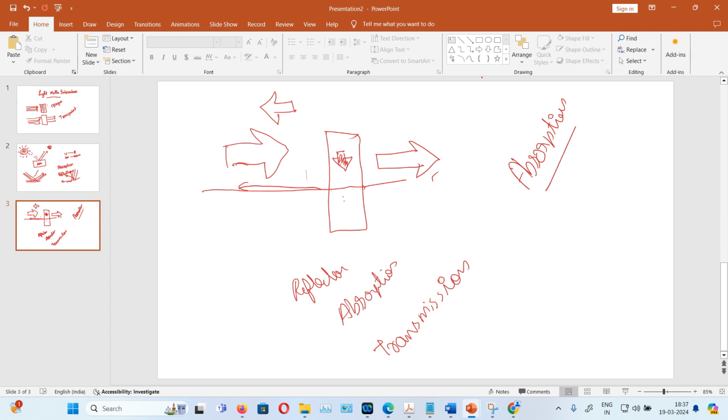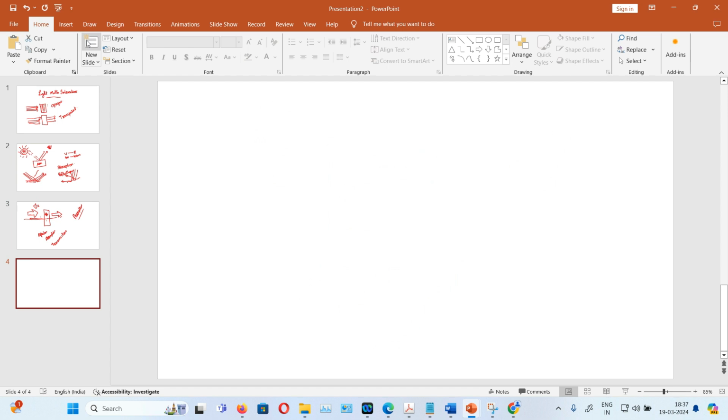If we look at the molecular level of absorption, what is actually happening? If you see the molecular energy levels, we call it a Jablonski diagram. It is an energy distribution diagram showing different molecular energy levels of a material.